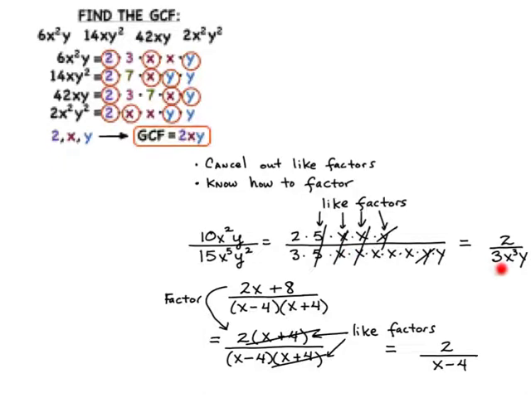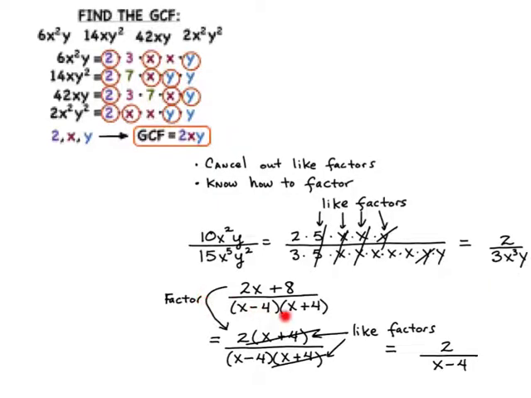On the bottom we have a 3 and x cubed and y. So you kind of want the smallest number, but the largest number of x's, to the higher power here.